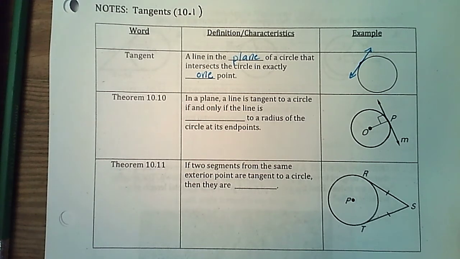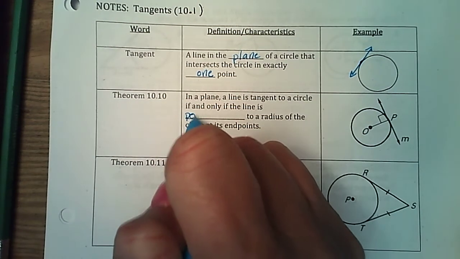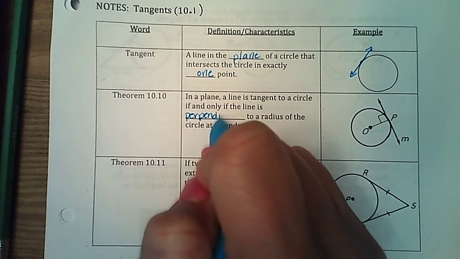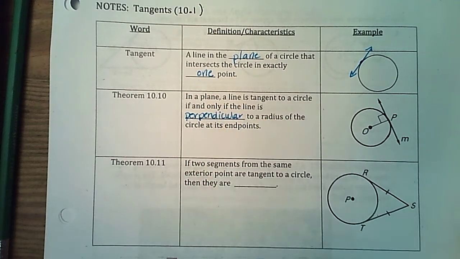Theorem 10-10 says, in a plane, a line is tangent to a circle if and only if the line is perpendicular to a radius of the circle at its endpoint. Now, this is really important.